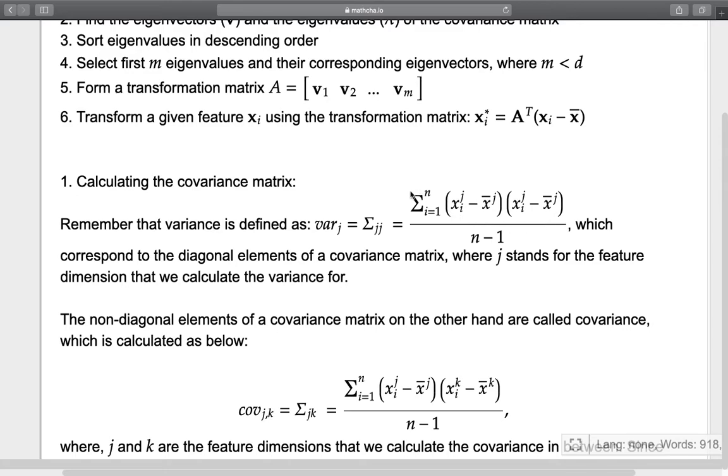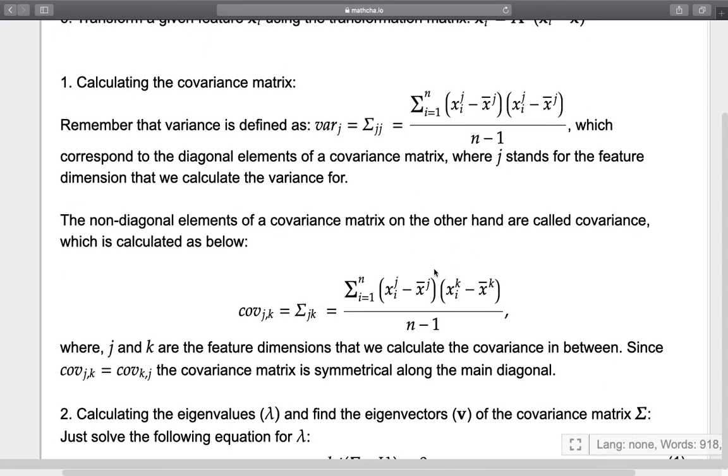We divide the summation by n minus 1. So what we do is we subtract the mean of the samples from each feature dimension j, sum them up, and divide by n minus 1.